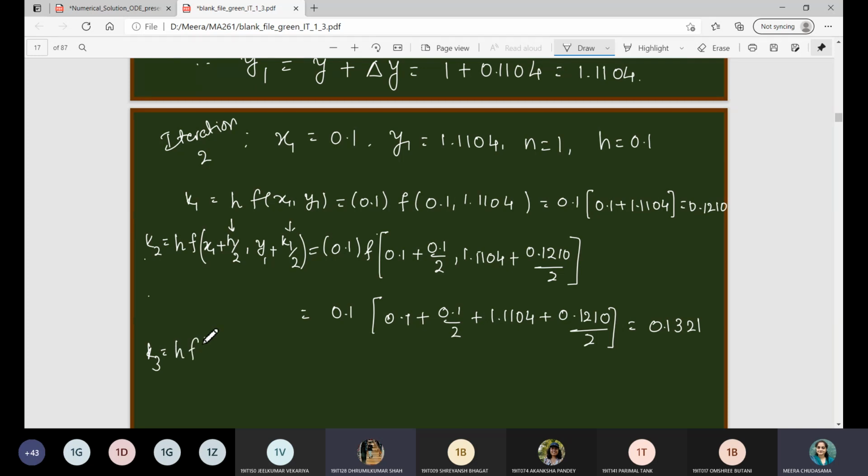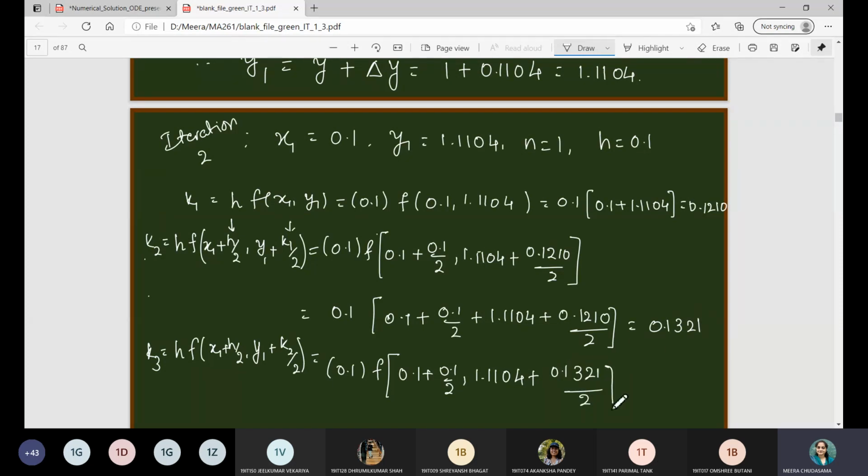Similarly, the K3 formula will be, tell me now. h of f of x1 plus h by 2, y1 plus k2 by 2. Yes, correct one. So it is 0.1 f at 0.1 plus 0.1 by 2, that will remain the same, comma, y1 is nothing but 1.1104 plus the last obtained value 0.1321 divided by 2.